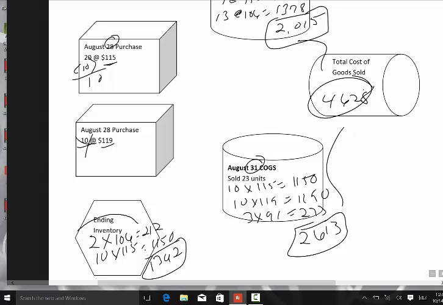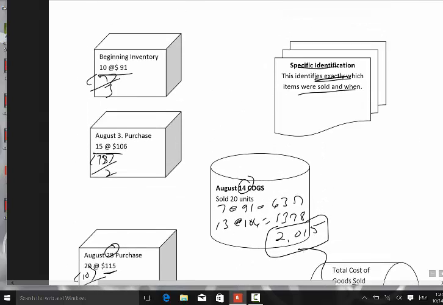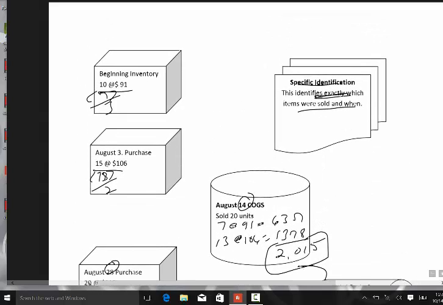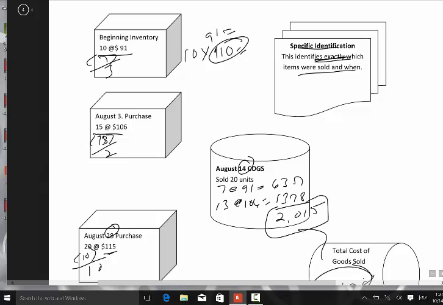So if that was left in inventory, then we're going to assume that we sold everything else. So you can just go back and say, okay, that means I sold everything from beginning inventory, equals $910, sorry about that. And then I sold 13, because remember 2 of these were left in inventory from the August 3rd purchase.